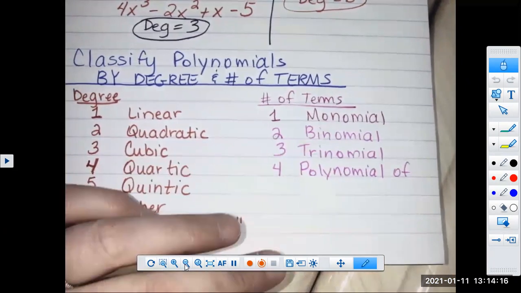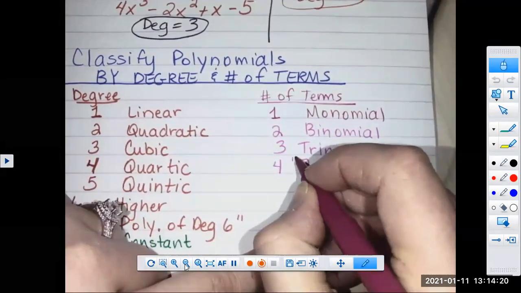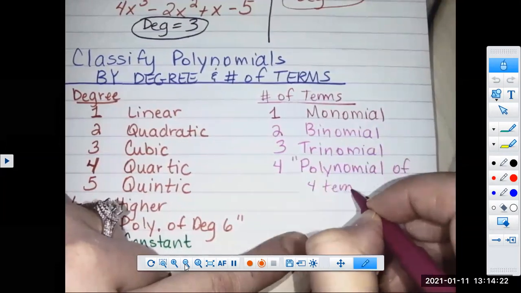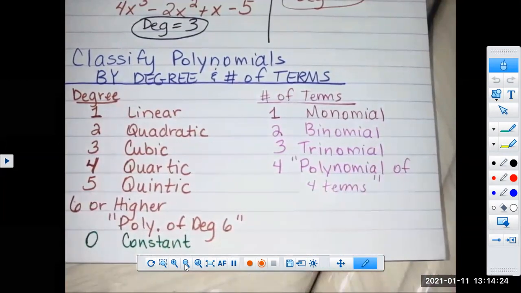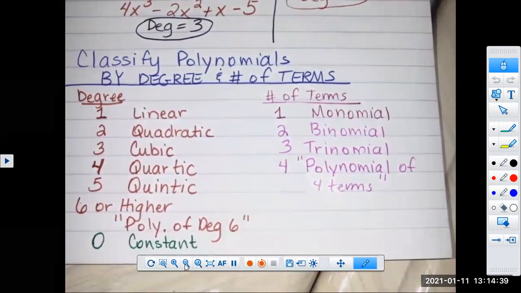A polynomial of 4 terms is what you would say. Polynomial of 5 terms. Polynomial of 6 terms. I don't know why they couldn't just say something like quadnomial or quintinomial. I guess I can see why 6 would be kind of hard.